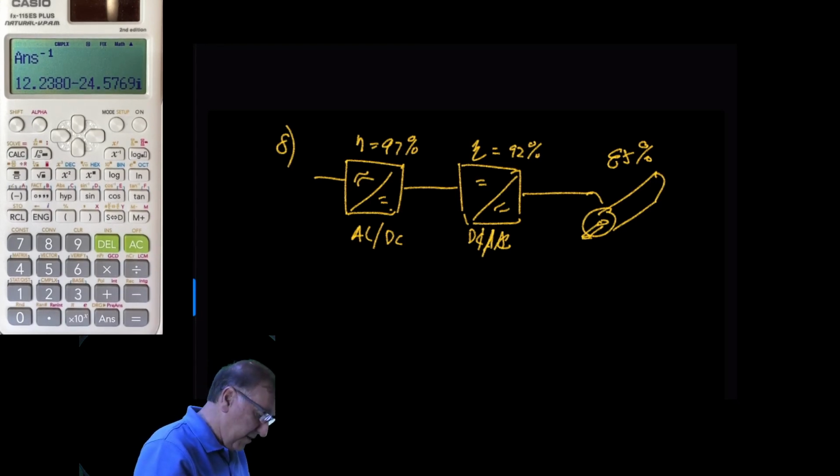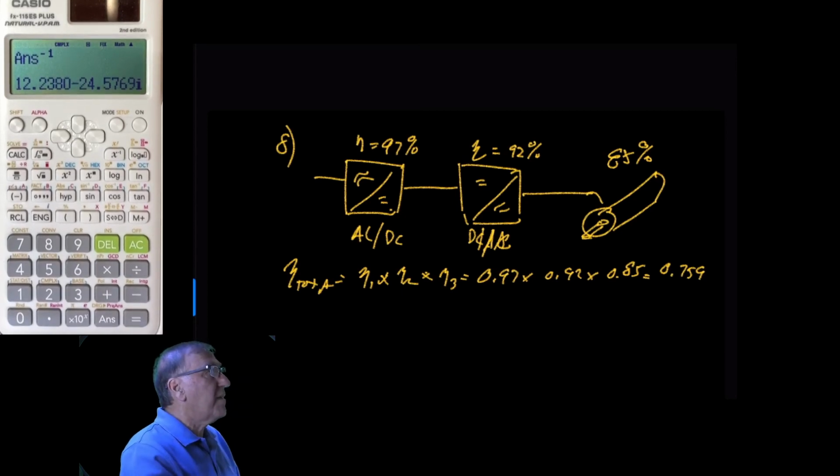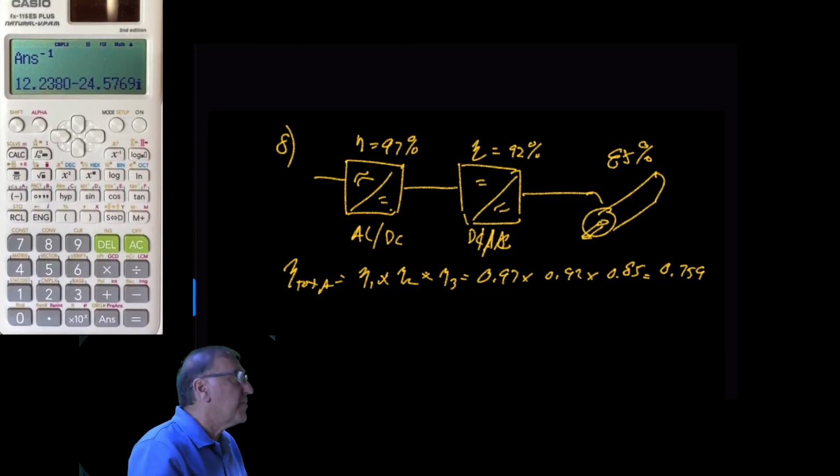So the total efficiency equals N1 times N2 times N3, and this would be 0.97 times 0.92 times 0.85, and that equals 0.759. So that's the total efficiency through that system. Just multiply them together.